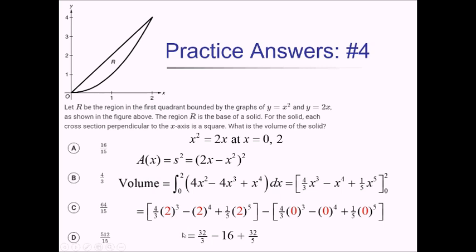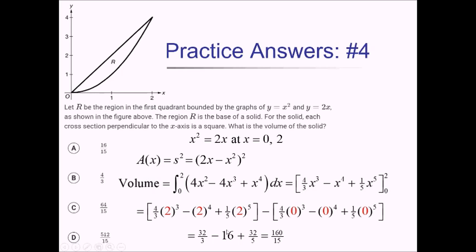Let's clean this up a little bit. To add these together, I need a common denominator. It's looking like, given a 3 and a 5 here, 15 is going to be my common denominator. So I need to multiply this first fraction by 5 over 5. That gives me 160 over 15. This next one, 16, I have to multiply that by 15 over 15.